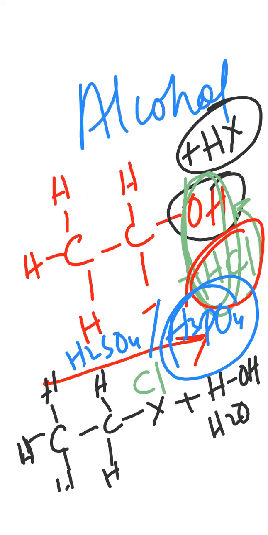It means both are correct. So for the substitution of alcohol, if you're using HX, where X could be any halogen, you have to use H2SO4 or H3PO4 as a catalyst to lower the activation energy or to speed up the reaction.